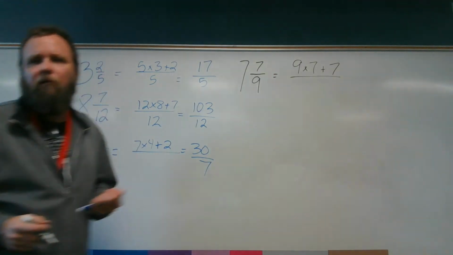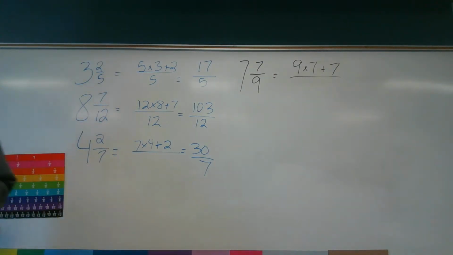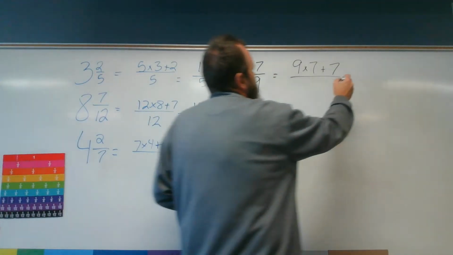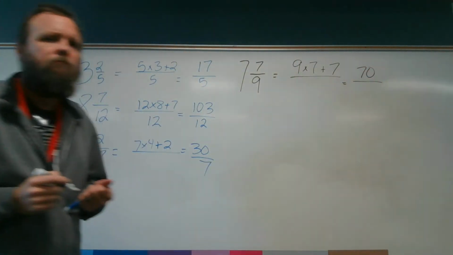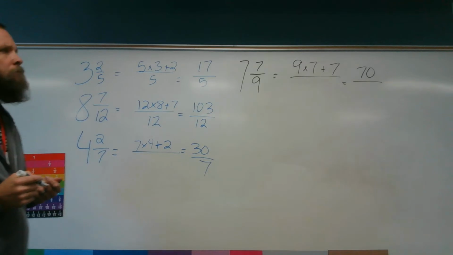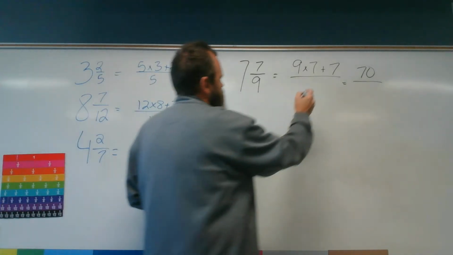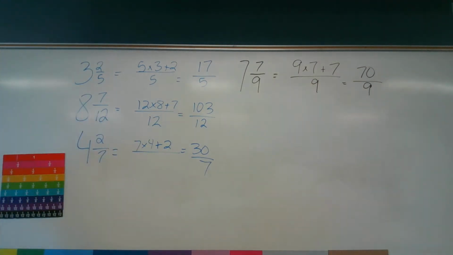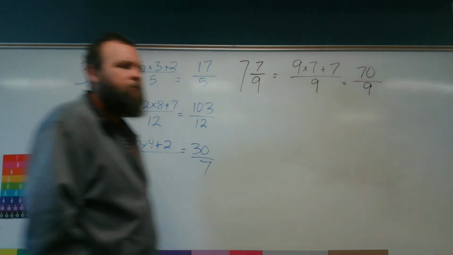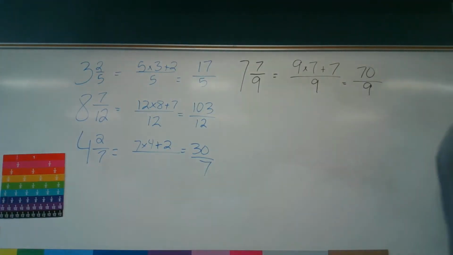So 63 plus 7 is 70, and then the denominator, so 70/9. Man, you guys rocked this.